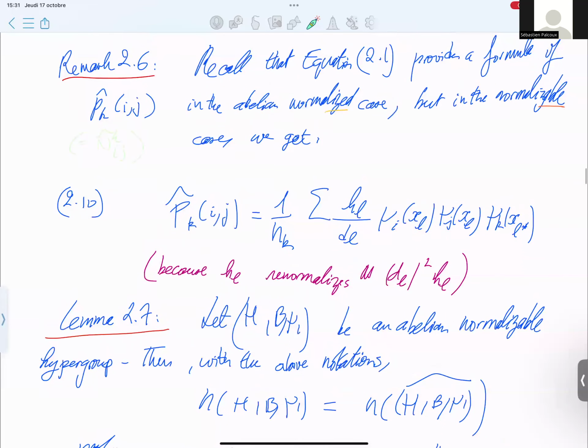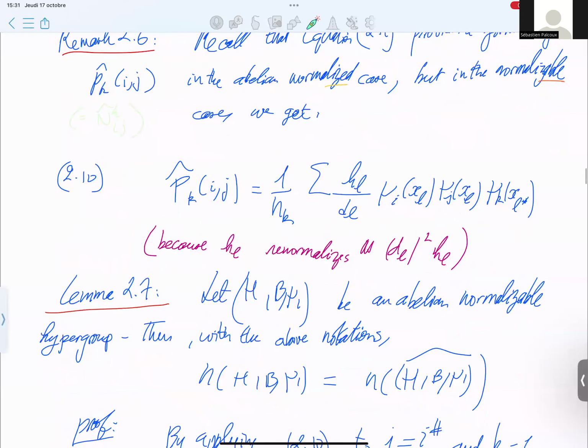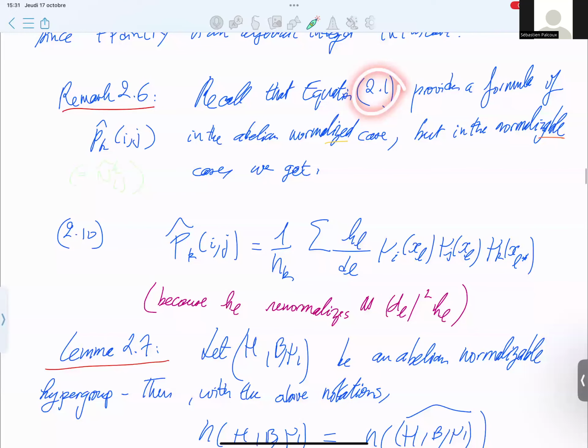Okay, so we wrote a formula for the normalized case, but for the normalizable case, here it is this formula. So what is the difference? I don't remember the formula exactly here, but I guess this is the difference.